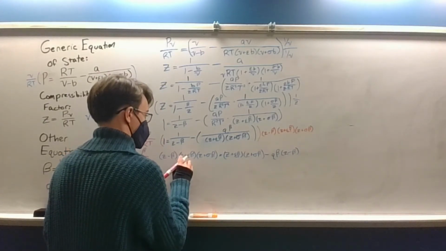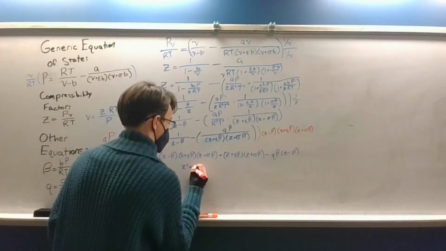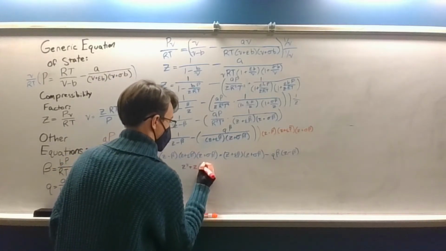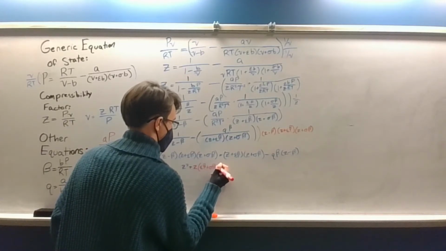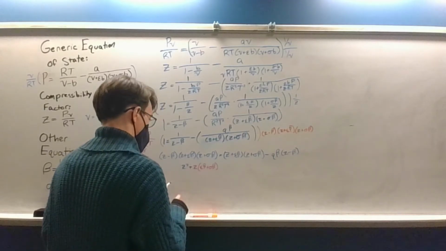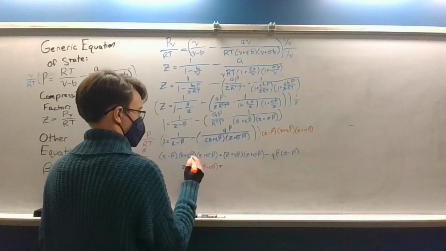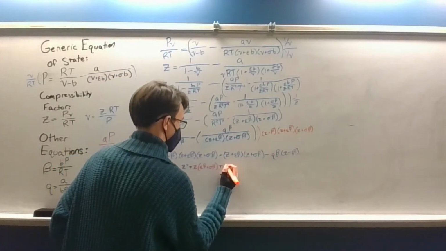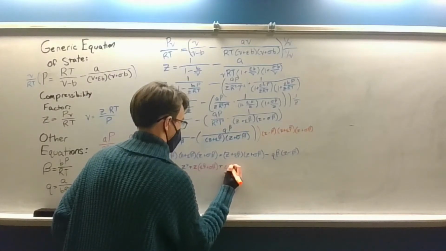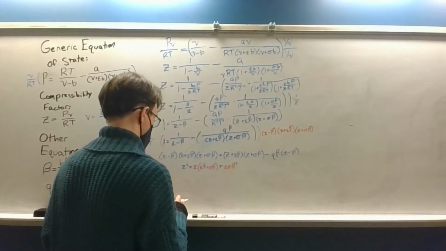So then we'll have z times that, and then z times that, so we'll have z times epsilon beta plus sigma beta. And then for our constant term, we're going to have epsilon beta times sigma beta, so we're going to have epsilon sigma beta squared.